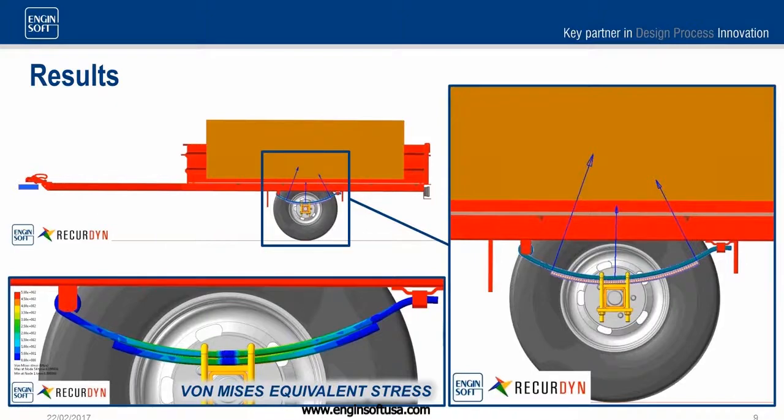You can see that the trailer, of course, oscillates many times, bending the lift springs repeatedly until the damping finally stops the oscillations. Also, you can see the blue vectors that represent the joint loads applied by the lower part of the lift spring to the upper part. And then I have also plotted the von Mises equivalent stress on the deformed lift springs.